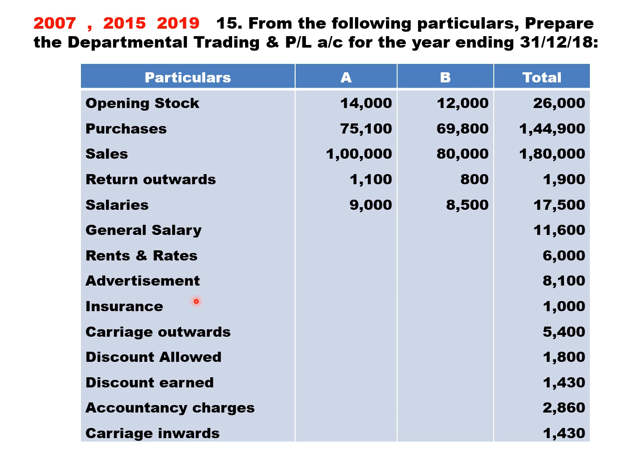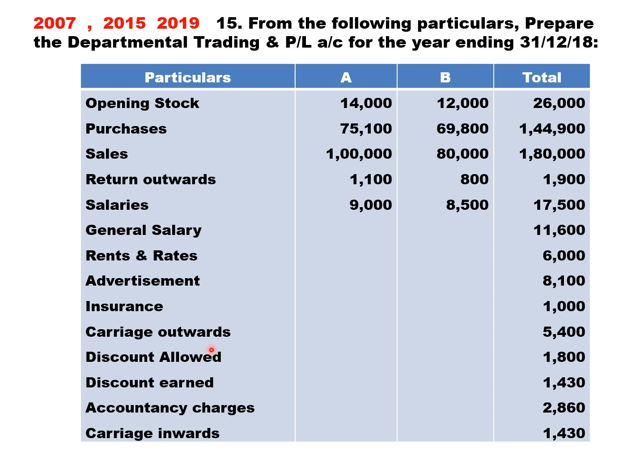Advertisement should be distributed in the ratio of sales. Insurance to be taken to general PL account as per adjustment number 4. In adjustment number 4, they mentioned that insurance and accountancy charges cannot be allocated conveniently, so when it cannot be distributed, better take it to general PL account.